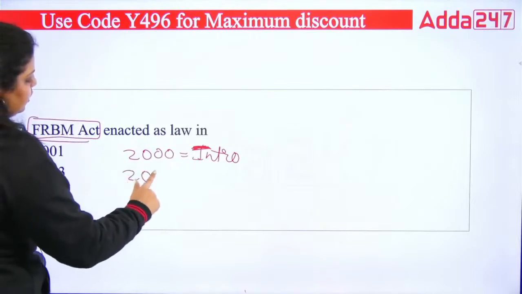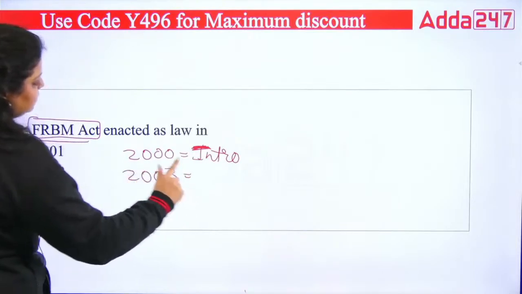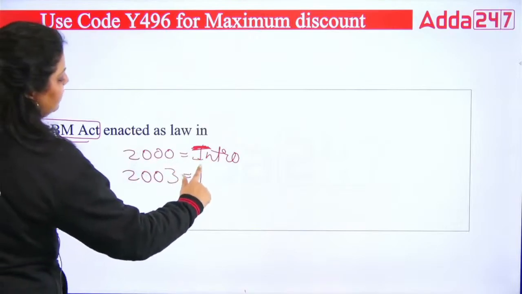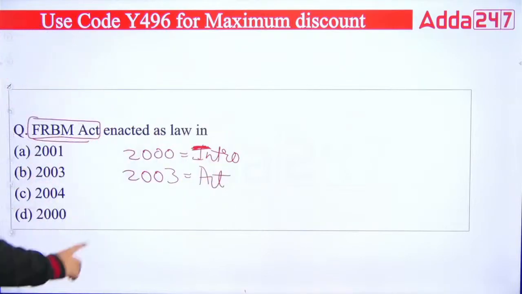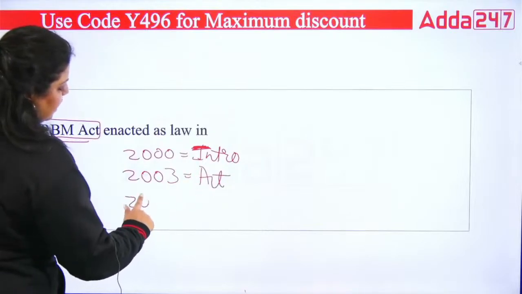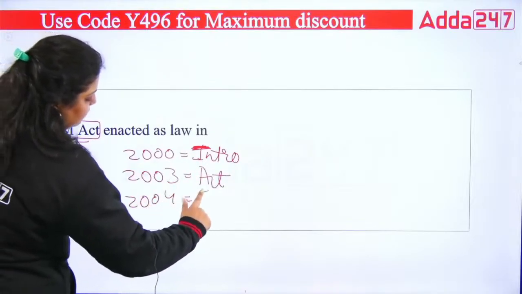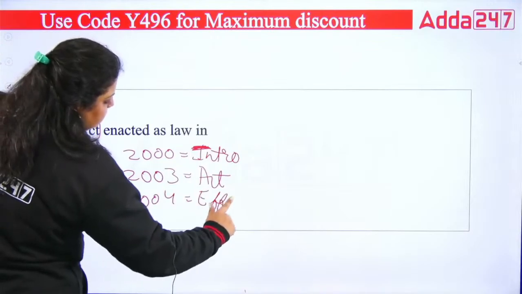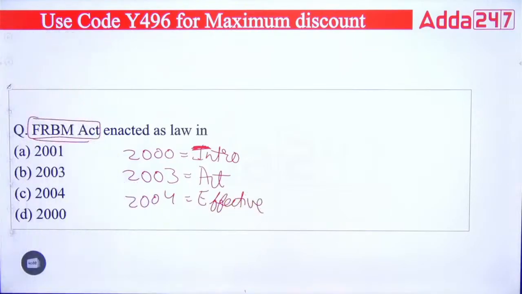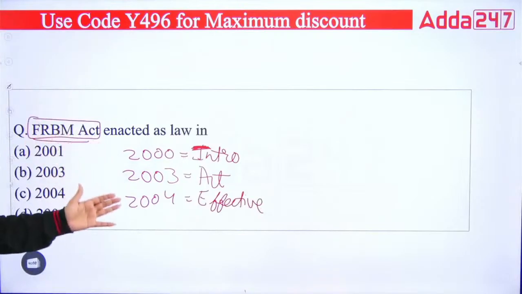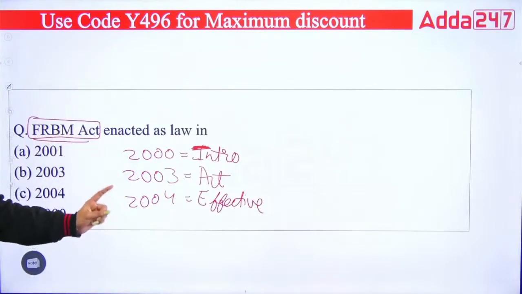Then in 2003, this bill was passed and this act was created. Okay, so this act was passed. In 2004, this act became effective. Clear? So these are the 3 years we have to remember.